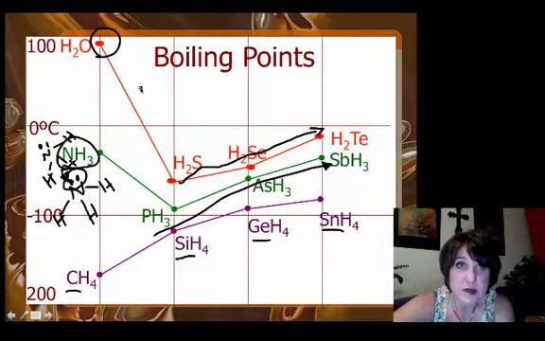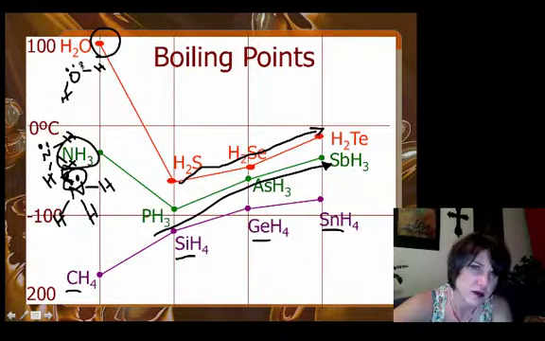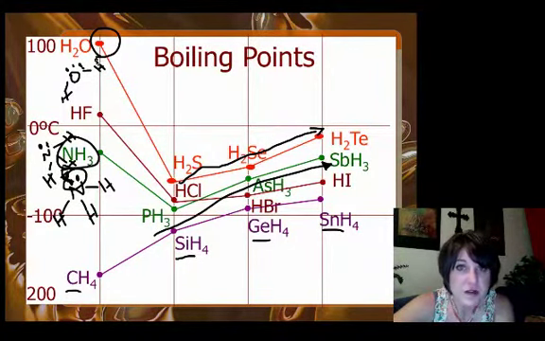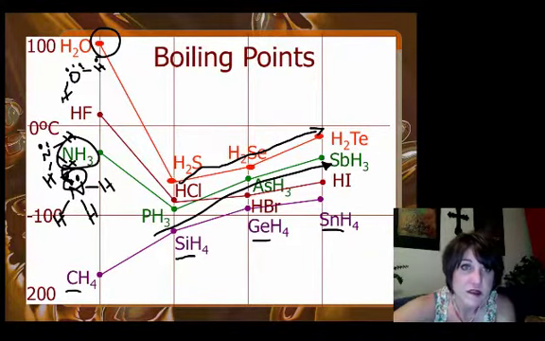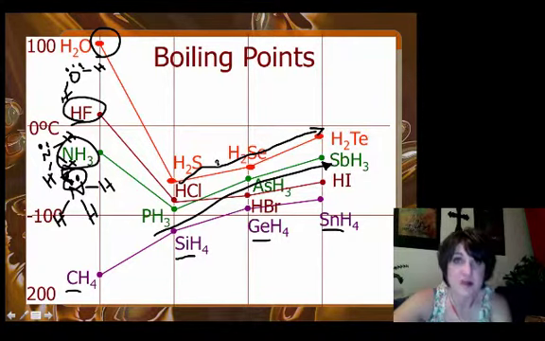That's because of the ability of water to form hydrogen bonds, where the lone pairs on the oxygen attract the hydrogens from other water molecules. Do I need another pair? I do. I need another pair. Yikes, that's a lot of electrons. Okay, here's hydrogen fluoride, also forming hydrogen bonds, kicks this one up out of the pattern that we normally would see in the boiling points.